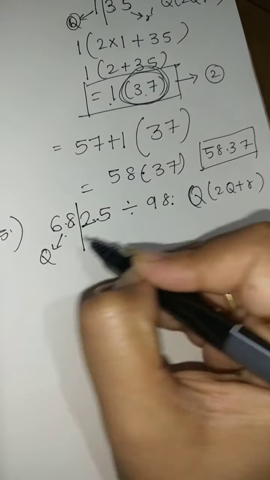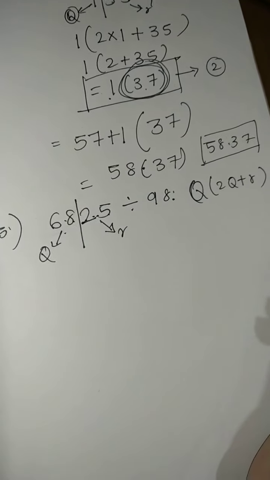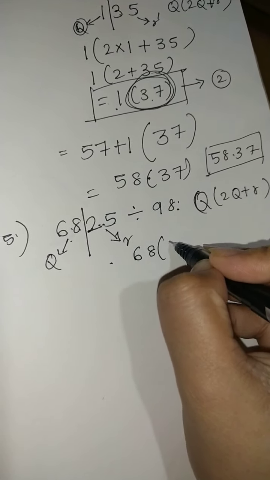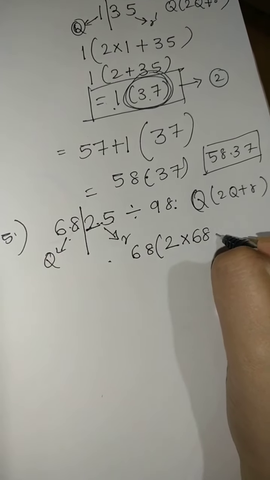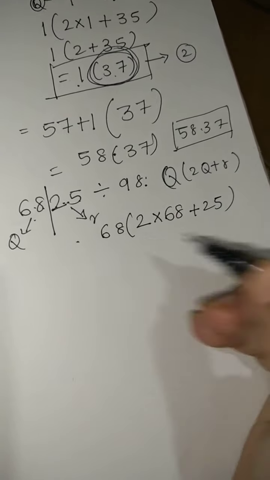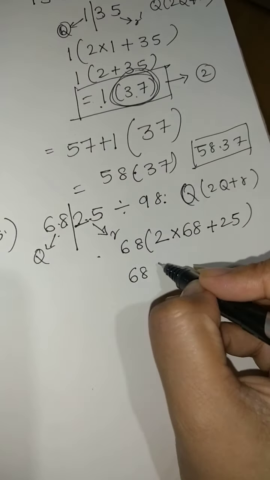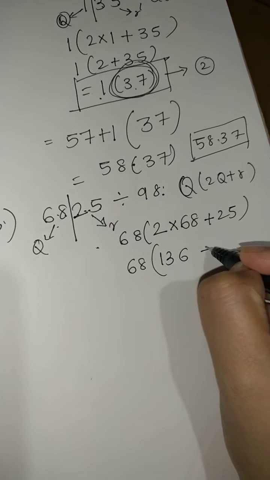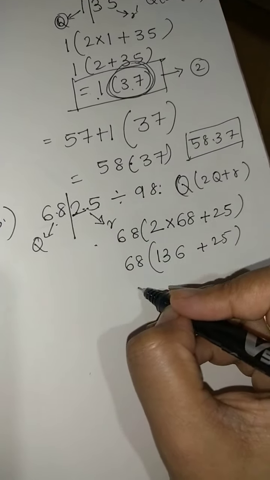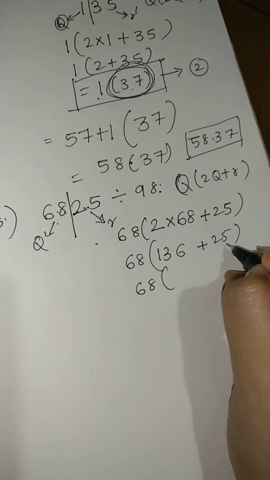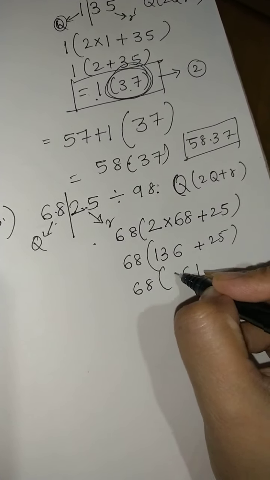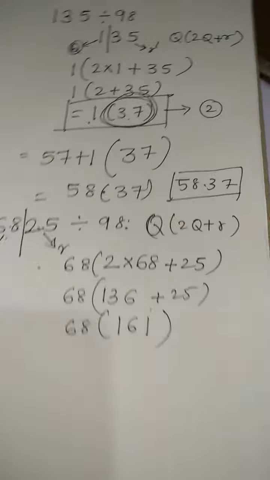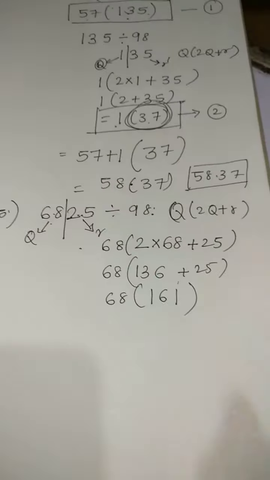So 68 becomes your q, 25 becomes your r. So let's substitute 68, 2 into 68 plus 25. So that is 68, 2 8 is 16, 136 plus 25, 161.